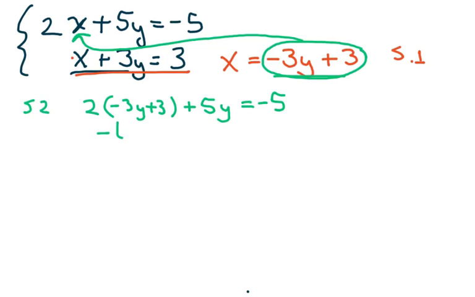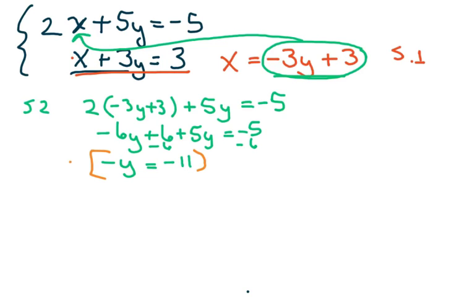You distribute here, combine like terms. So basically, subtract 6 from here. So we're going to get negative y equals negative 11. When you negate this, you're going to get y equals 11. That's step 2.